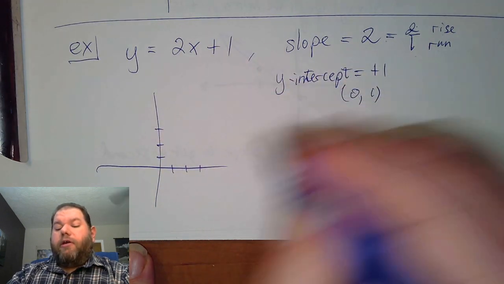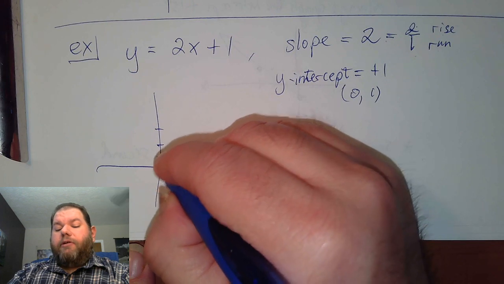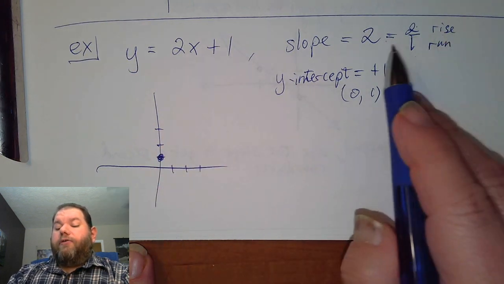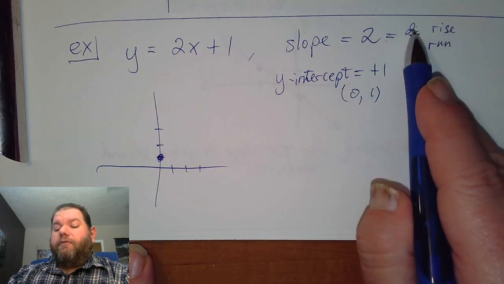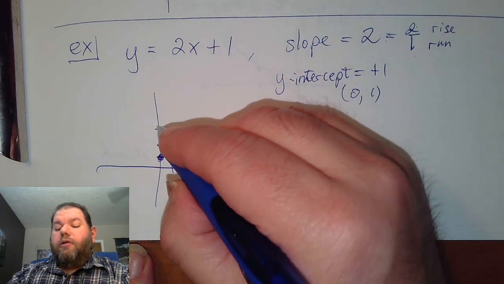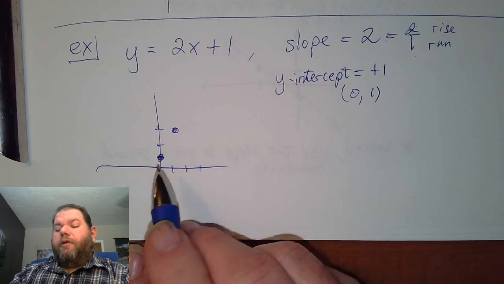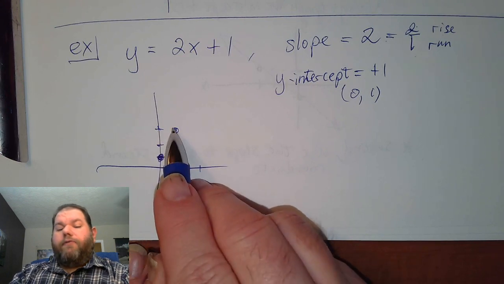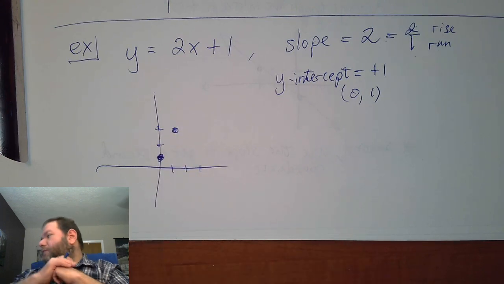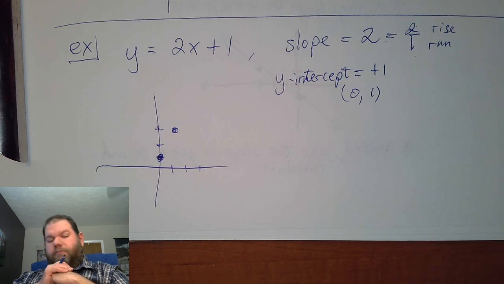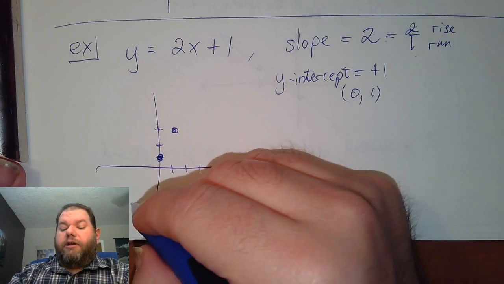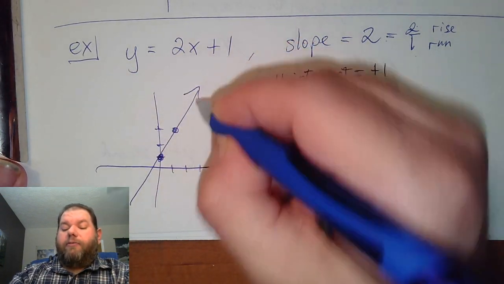So we start at a y-intercept of 1, and our slope is rise 2 and run 1. Okay, so go up 2 and then over 1. And again, we just sketch in our line connecting those points.